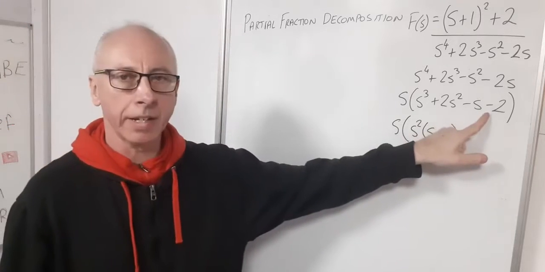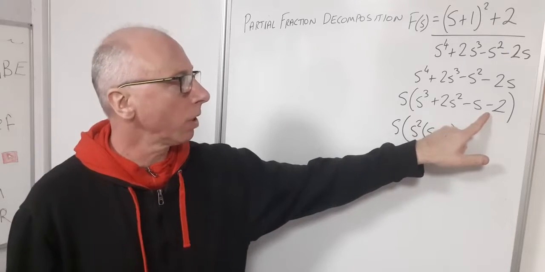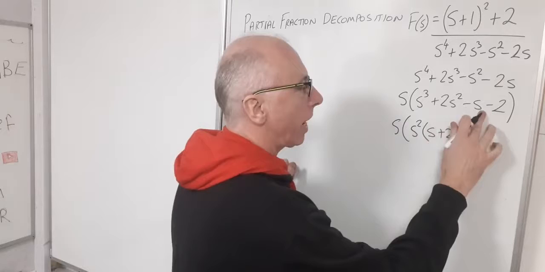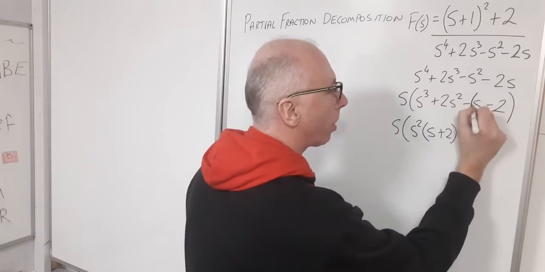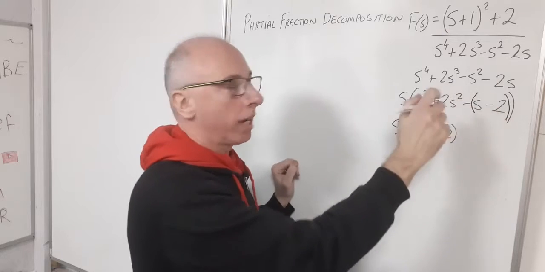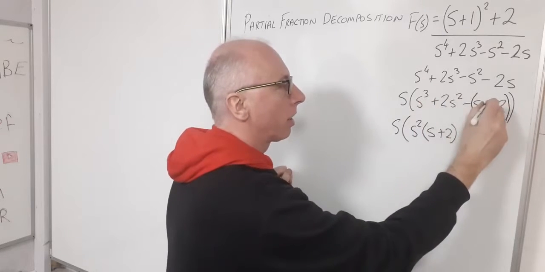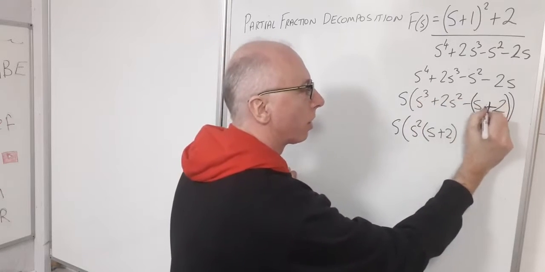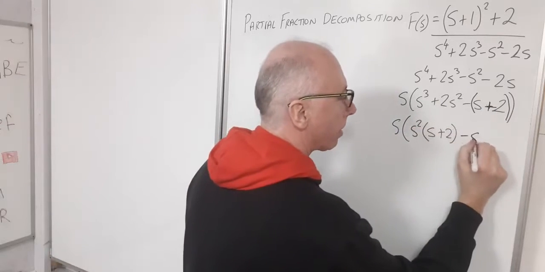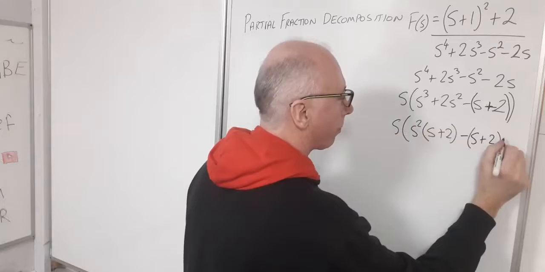Now, can I get an s plus 2 out of this one? Well, it looks like I've got a good chance. I've got a minus s and a minus 2. If I put a bracket around these two terms, with a minus here, I could change my inside to a plus. So now I've got minus (s plus 2).